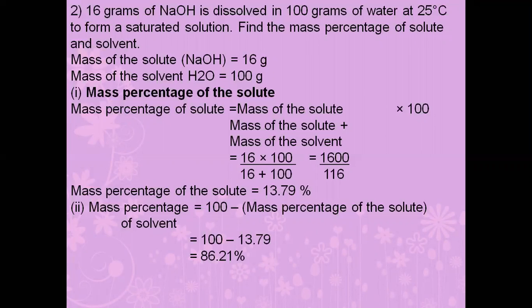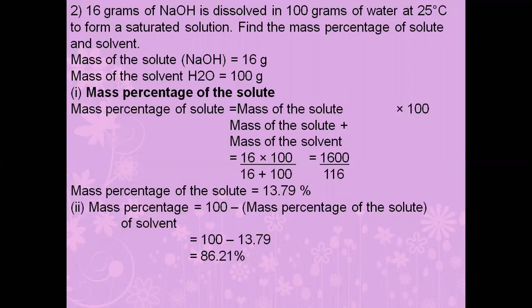13.79 percentage. So this is the mass percentage of the solute. But we can find out the mass percentage of the solvent. There is another formula: 100 minus mass percentage of the solute. We found the value before, 13.79.